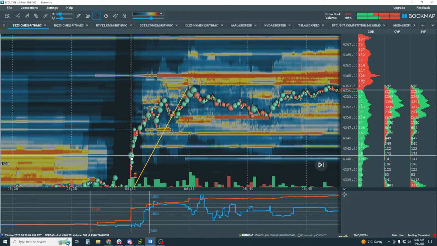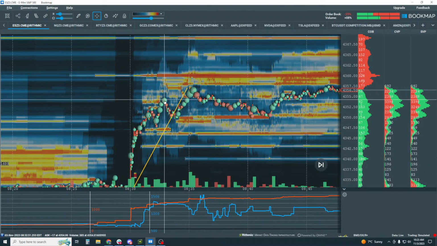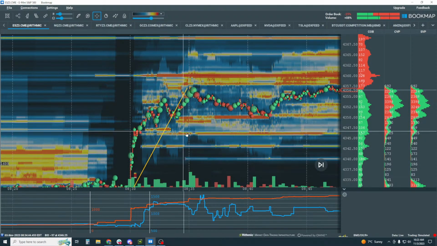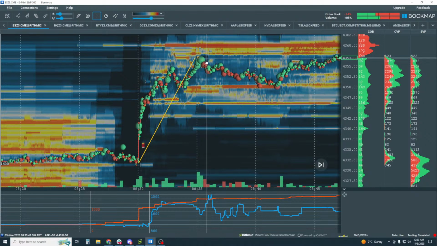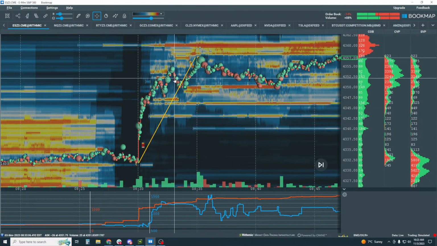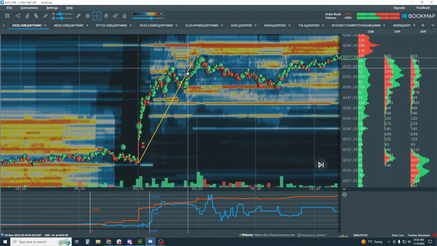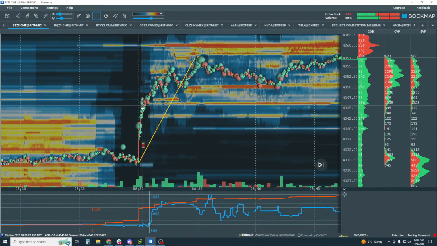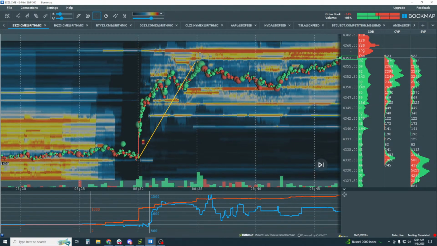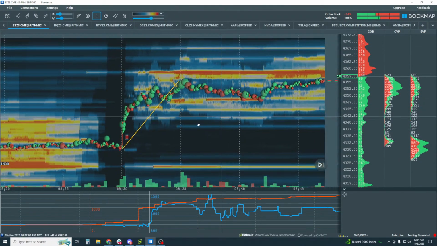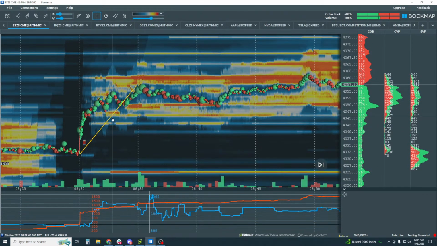Is the volume consistent all the way through the move? Is the slope of this move strong as well? That means there's so much volume trading very, very quickly. That's going to be the slope, and that's very telling as well. So we're getting a lot of different elements just in this strong move.